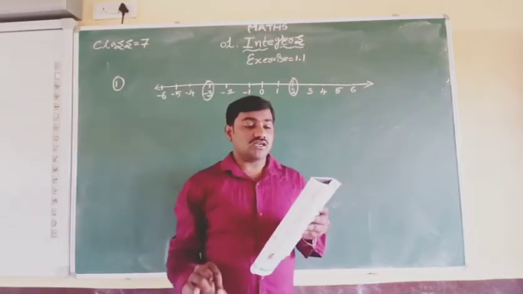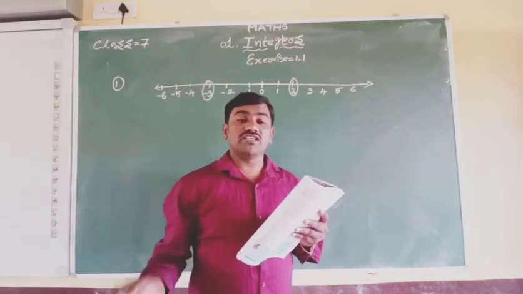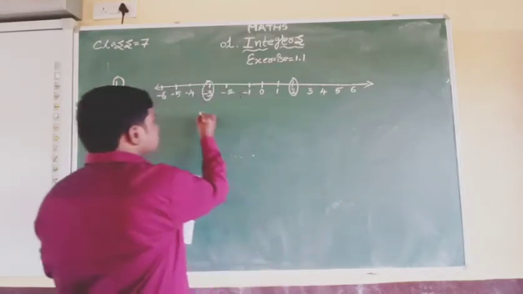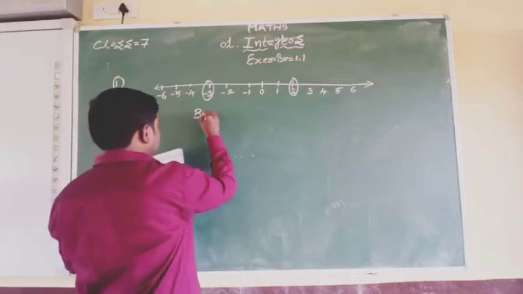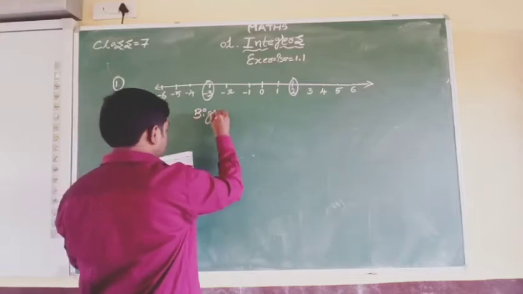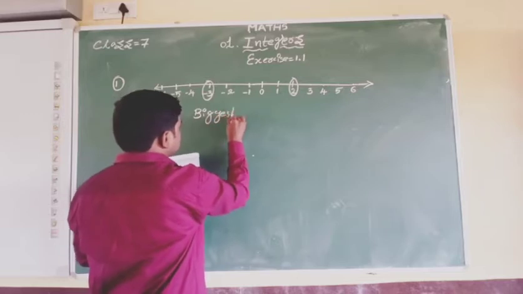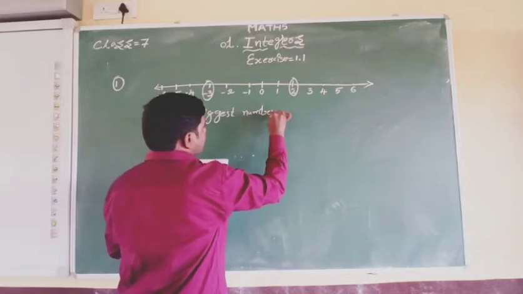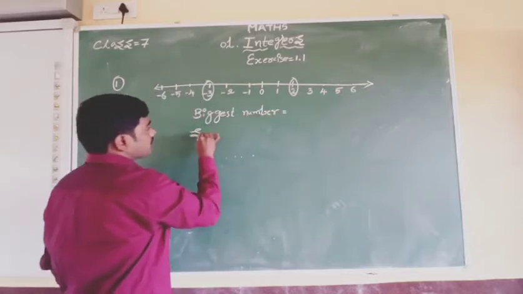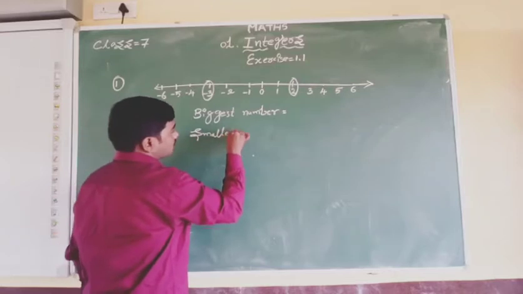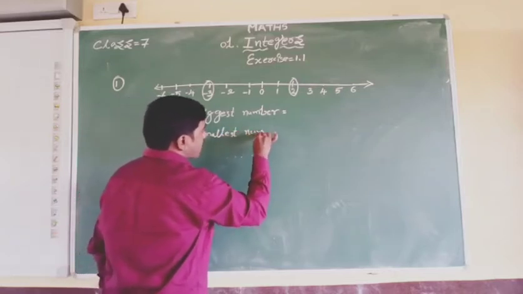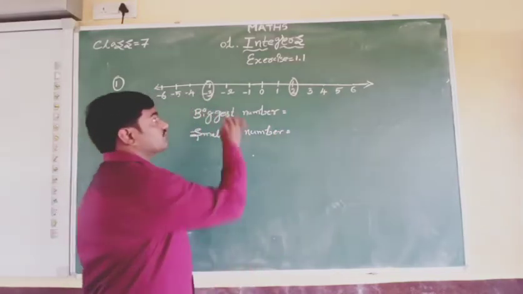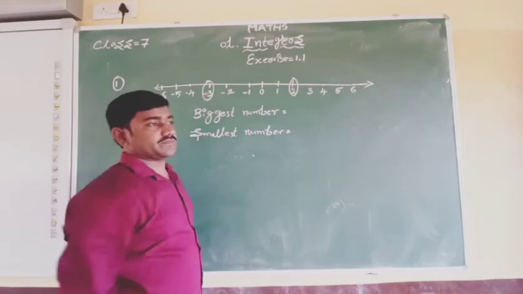Some integers are marked on the number line, which is the biggest and which is the smallest. We have to write here the biggest number and smallest number from these two marked numbers.